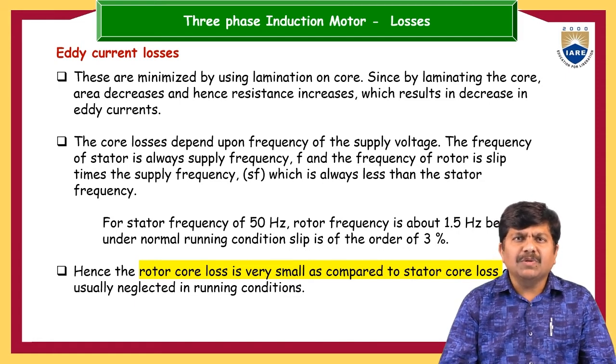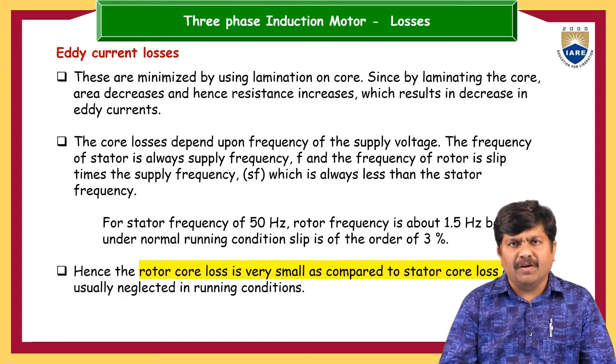If the lamination is done, then the total core is divided into various pieces. Now the area of cross section reduces, meaning the current has to flow through a small segment of area, that is, a laminated area. If the area of cross section reduces, then proportionally the resistance is increased. If the resistance increases, for a small amount of eddy currents, the maximum amount of opposition will be offered by that laminated segment.